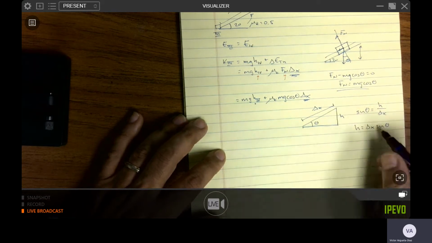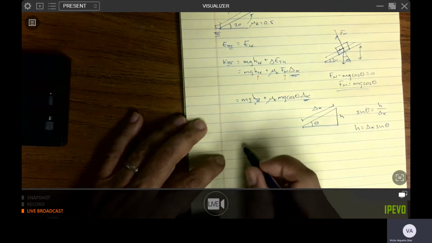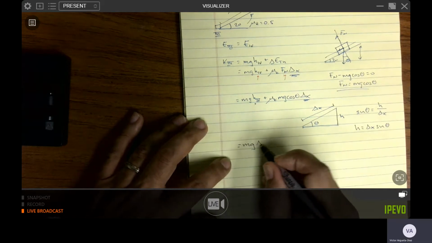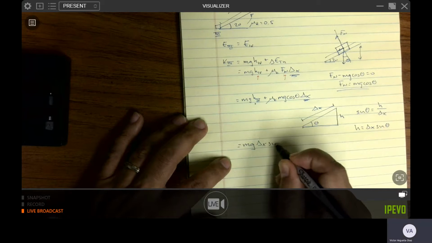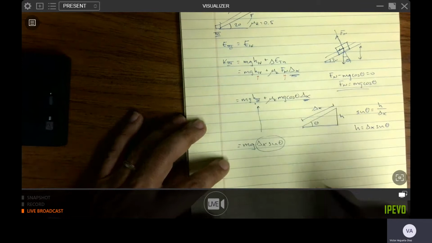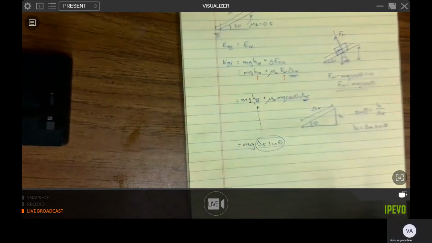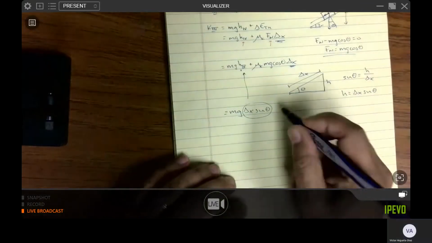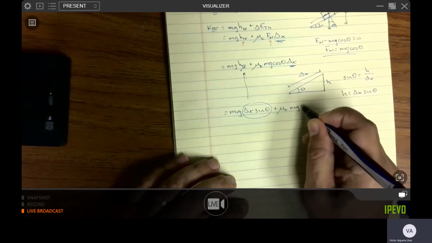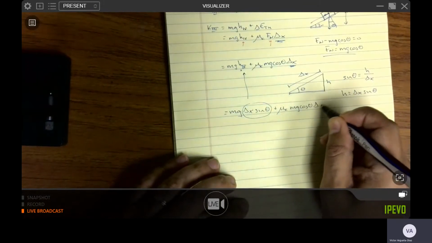Okay, so I can rewrite my gravitational potential energy as mg delta x sine of theta, and this expression over here represents this h. Okay, and then I can write the rest, mu k mg cosine of theta delta x.